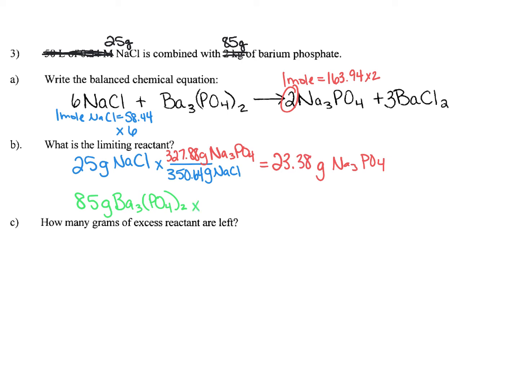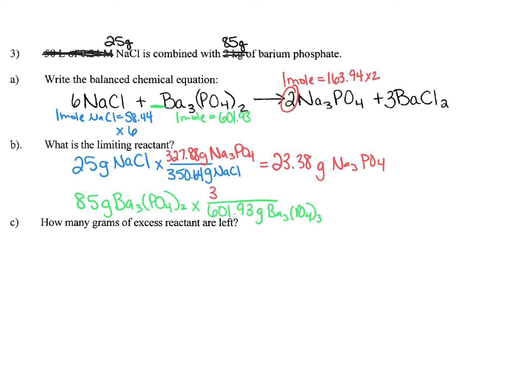Now I'm going to do the same thing with the other reactant, the barium phosphate. So for barium phosphate, 1 mole of barium phosphate has a mass of 601.93 grams. There is only 1 mole because there's no coefficient in front, so that means that on the bottom, I'm going to put 601.93 grams of barium phosphate because I don't want barium phosphate.